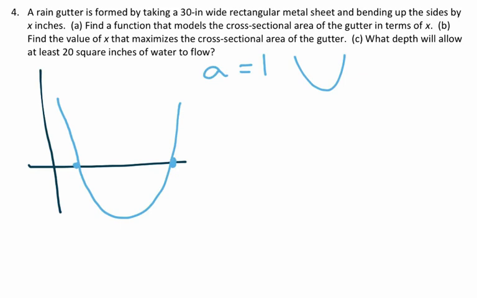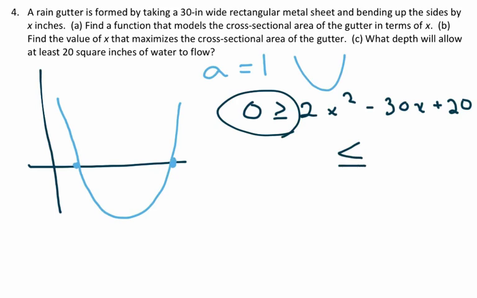Because our original inequality says 0 is greater than or equal to 2x squared minus 30x plus 20, we need the stuff that is negative. So this has to be less than 0, which means we're looking for the negative sections. The negative sections are this part right here.